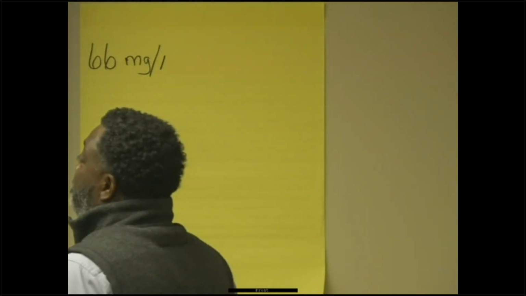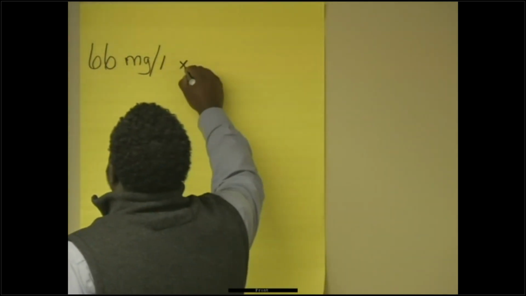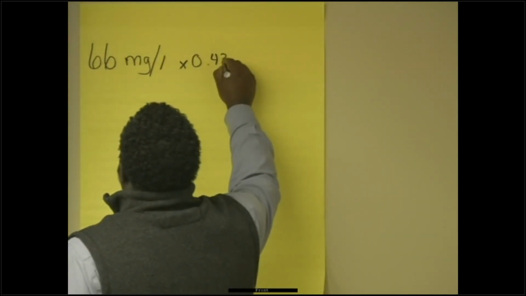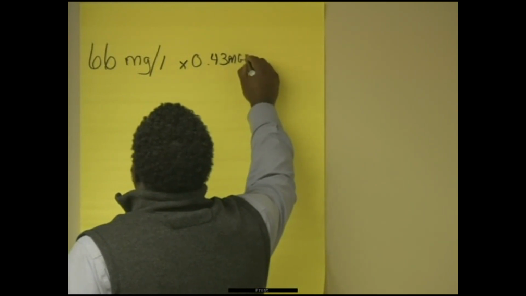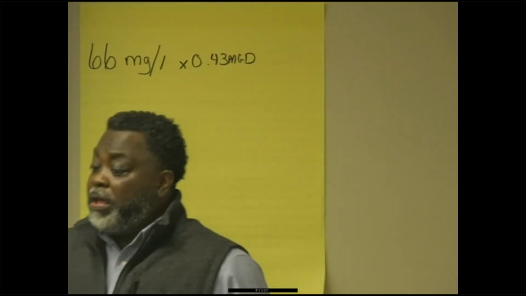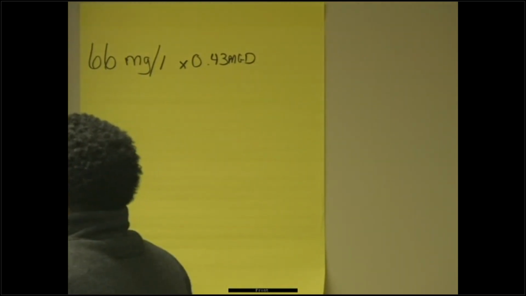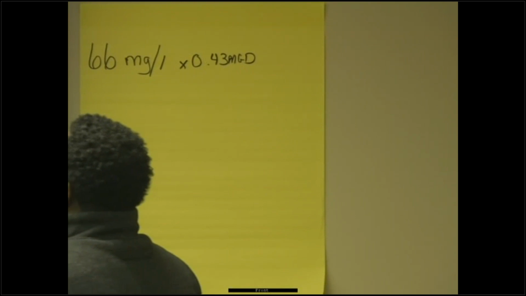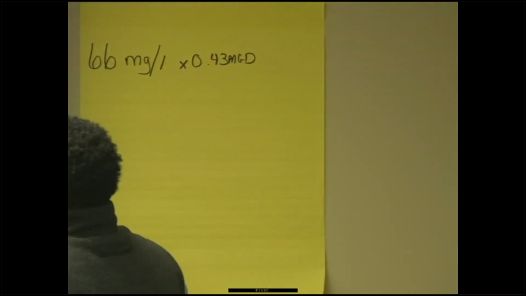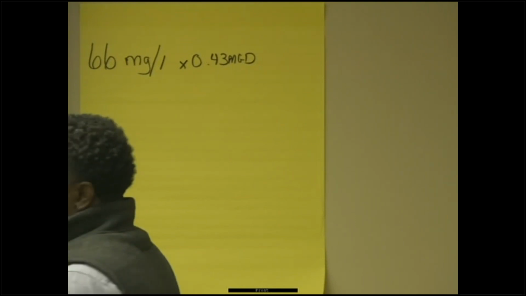Our flow on that particular day was 0.43 MGD. Well, how do we know that? We know that because when the lab collected the samples, the instantaneous flow was also recorded, and it was recorded at 0.43 MGD.